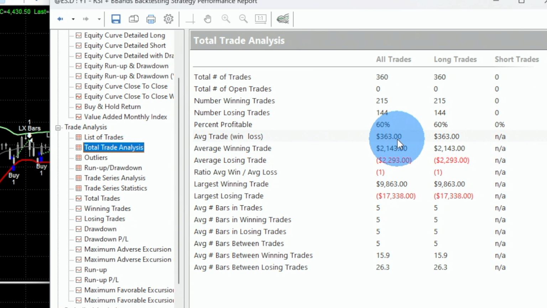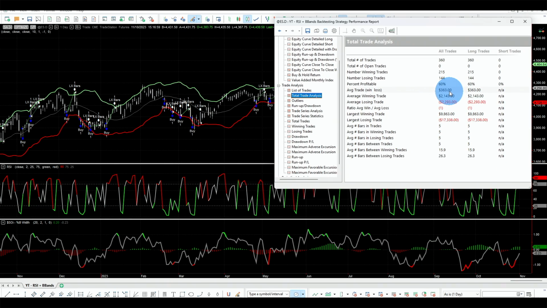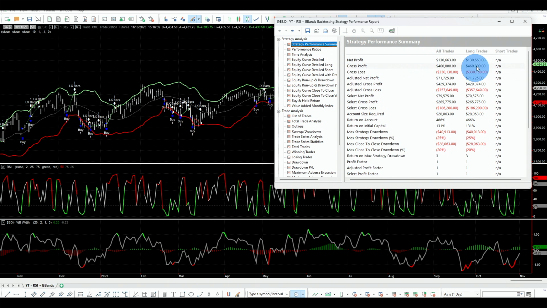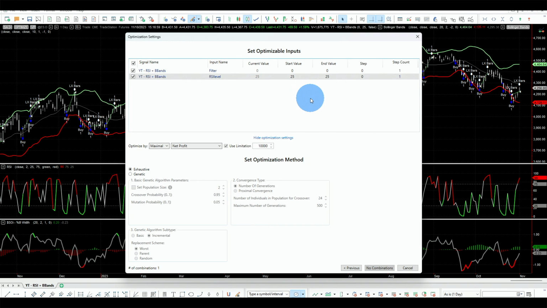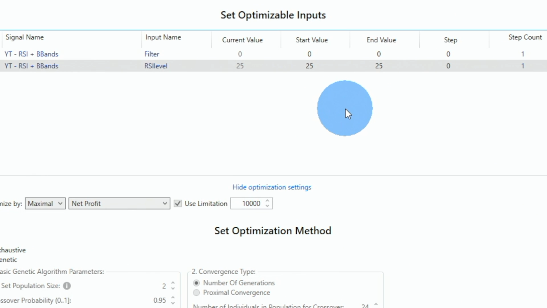So now we will test with the RSI filter. Basically, we will test when the RSI is below or above a level, and we will see if we can enhance this strategy. And the filter is if the RSI2 is below a level or if it is above a level.